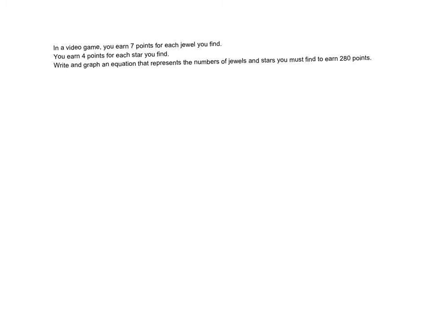So I'll say that my x is going to equal the number of jewels that I can get, and that y is going to equal the number of stars. I can then set this up into standard form.